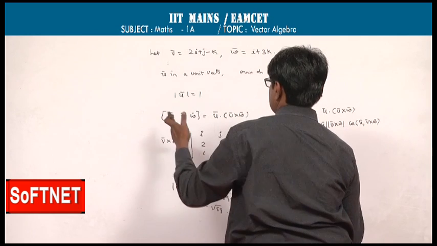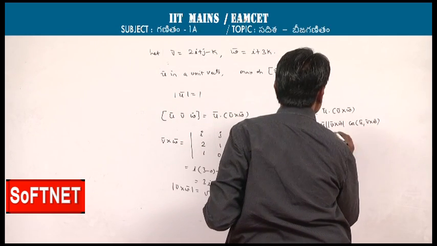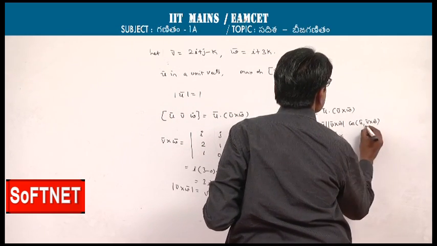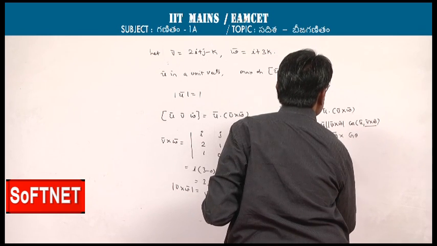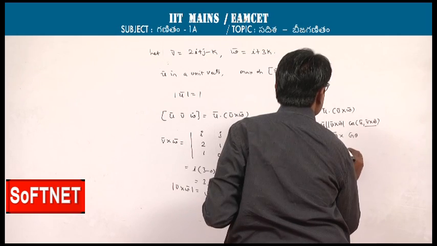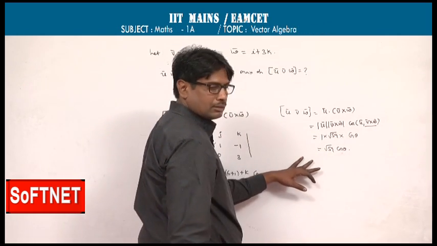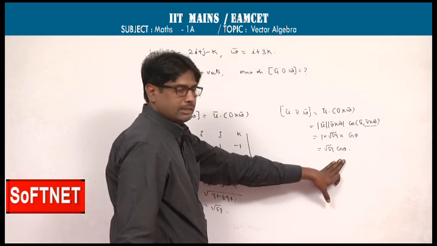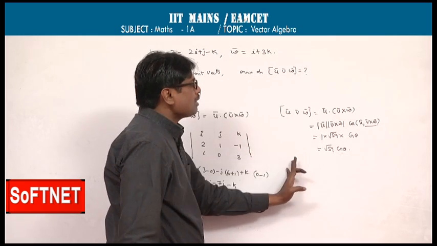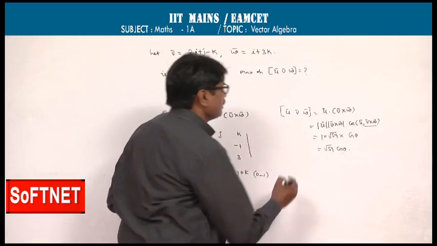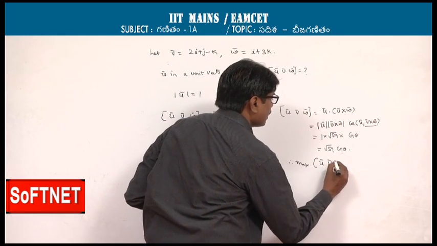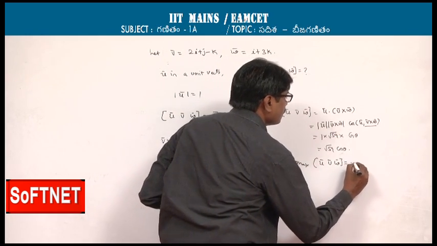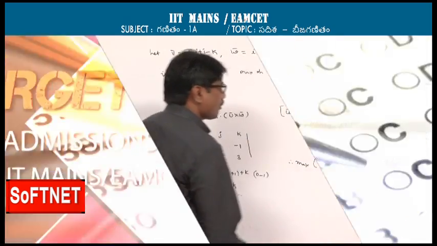This is 1 given in the problem and this is root 59, and if you take this angle as theta, it is root 59 times of cos theta. In trigonometry we learned that maximum of cos theta will be plus 1, minimum of cos theta will be minus 1. Therefore, maximum of box of U bar, V bar, W bar is equal to root 59.